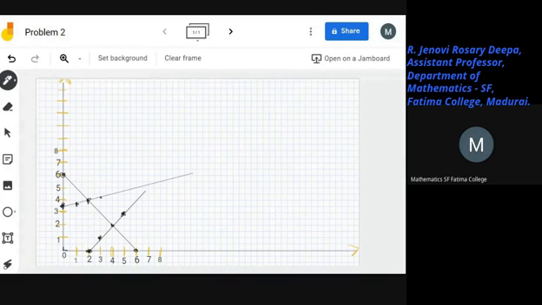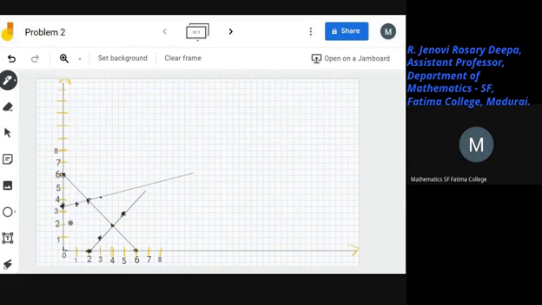Now the constraints, what are the constraints we are having? All the constraints are less than or equal to. So in this graph, for the first straight line, that is this line, the region is below the straight line, less than or equal to. Similarly for this one, below the straight line, and for this straight line, again above the straight line. So the feasible region is this portion.